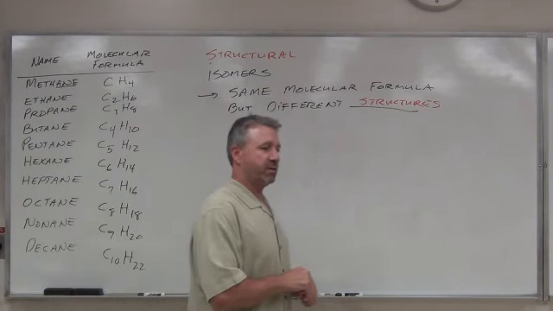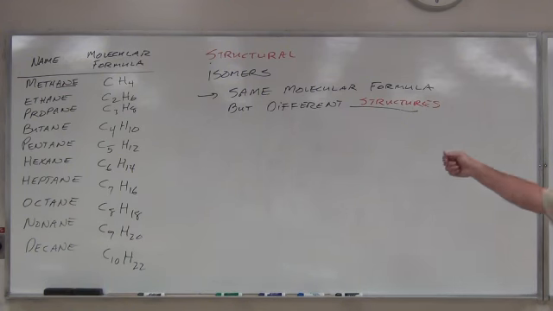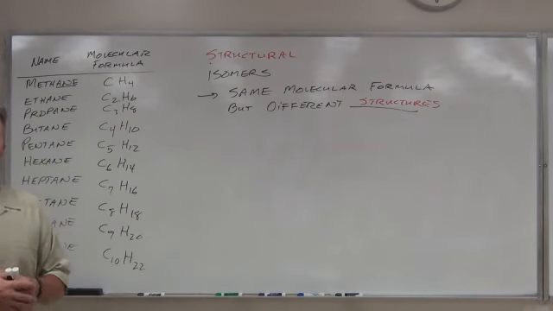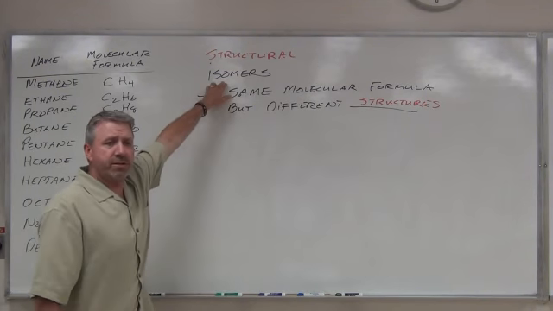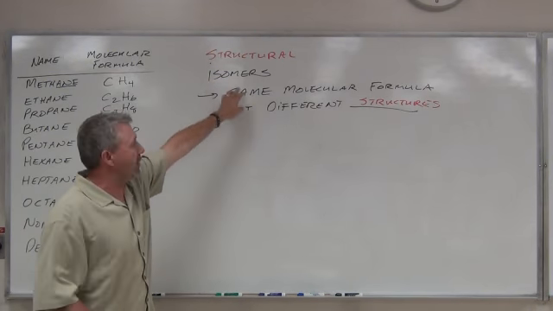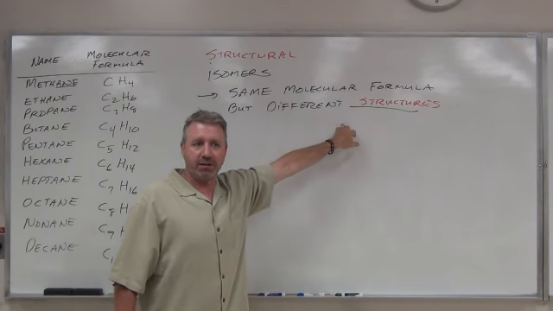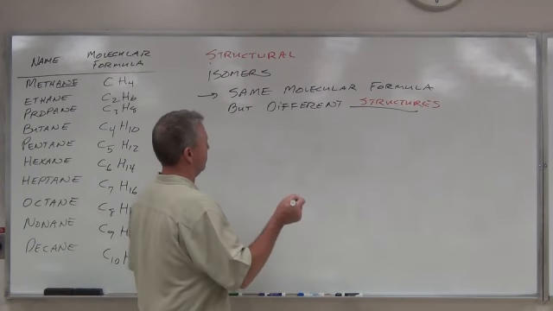Geometric isomers have different geometries. We'll see those today. Cis and trans. There's so many different types. Positional isomers. Structural isomers. Like I said, constitutional isomers. Stereoisomers. There's a lot of different types. When we use the term isomers in here, we're primarily talking about structural isomers. Okay, structural isomers. So let's see how we determine structural isomers.